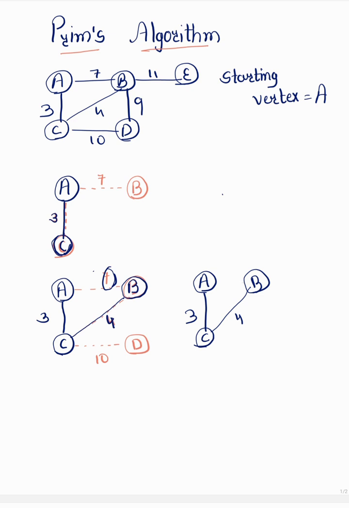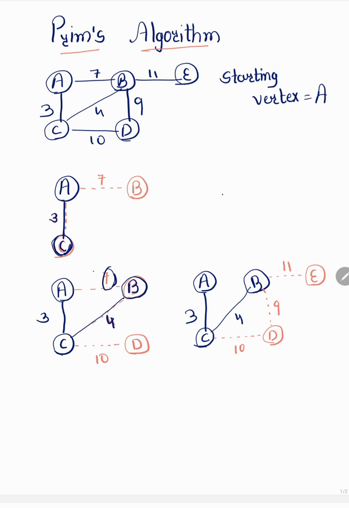Now I need to add the fringe, right? So here this C is for the D, and that's a 10. Here it's a 9, and B connected with E, that's 11, right?